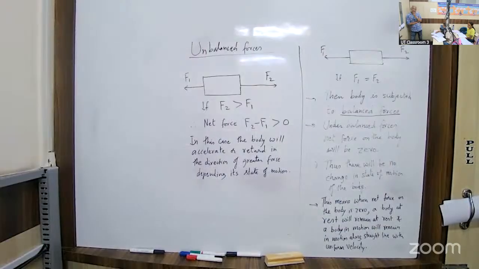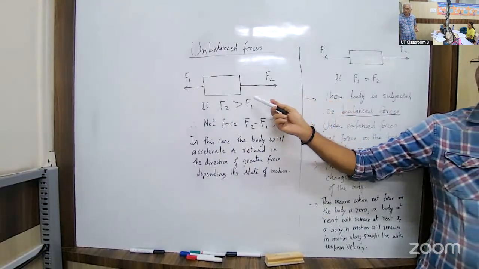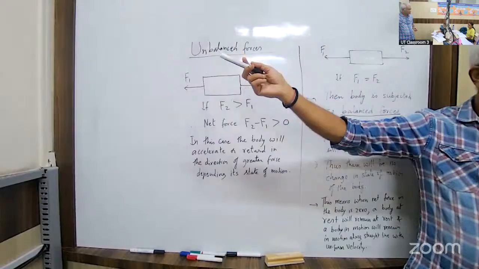Initially, the body was at rest, let us say. Now the unbalanced force situation is created. It is not that always unbalanced forces are there. So the initial state of motion, the body could be at rest. Now, in this direction, the force was exerted. So there is a frictional force that will also act.